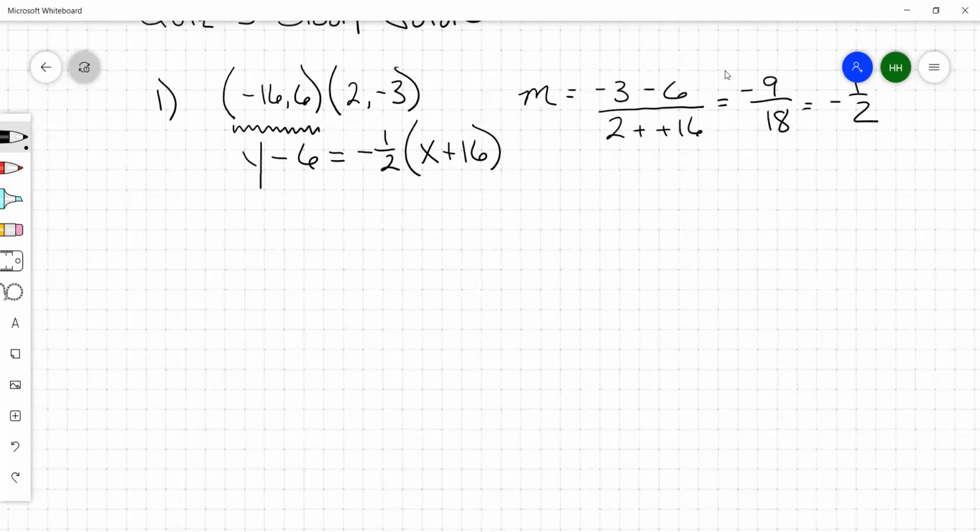Problem number 3. So this is like 1. This was like 1 and 2. Problem number 3. What is an equation of the line in point slope form that passes through the given point and has the given slope?